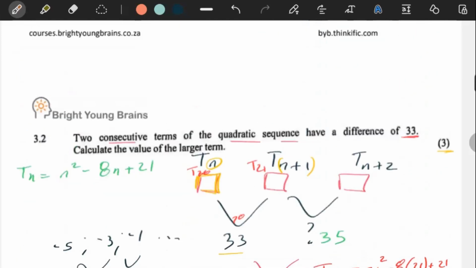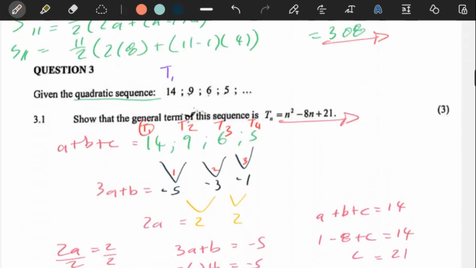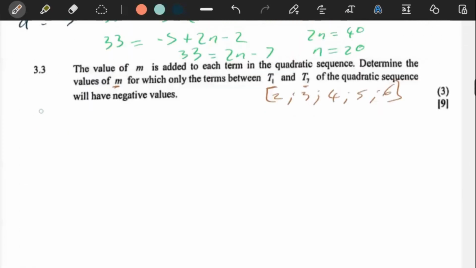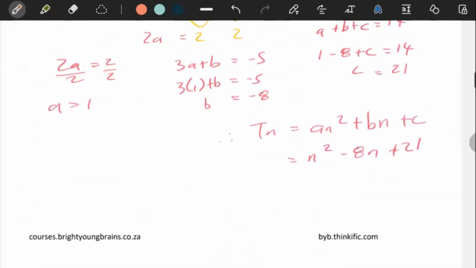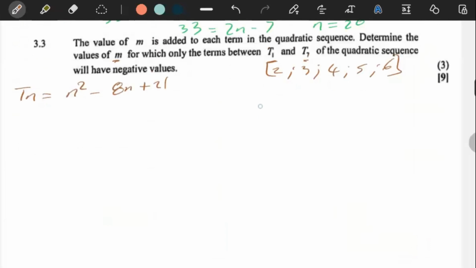The one thing you want to recognize with all quadratic number patterns is that they are parabolic. So just thinking of the general term, n squared minus 8n plus 21. This is our general term. Take into account that this general term draws a smiling parabola. Apart from it drawing a smiling parabola, let's actually draw it relative to a Cartesian plane before we answer our question.